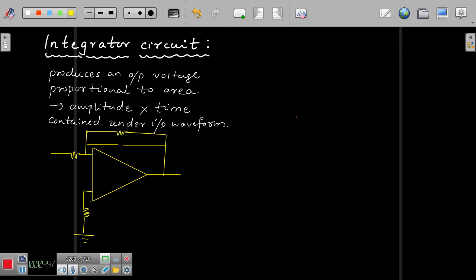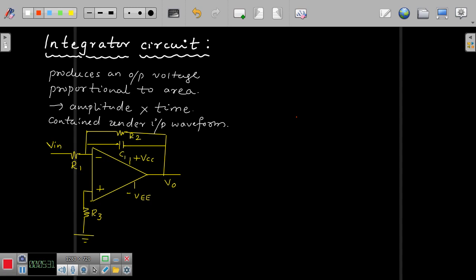Here I have got one more resistance, which of course doesn't participate in the process of integration, yet we are using it for some purpose. I will tell you what that is. So this is plus VCC, minus VEE. This is going to be your V0. This is your V in. Now let me write this as R1, this resistance as R2, and this we will take as C1, the capacitor C1, which is responsible for the integration operation, right?